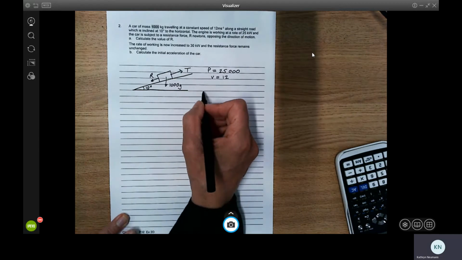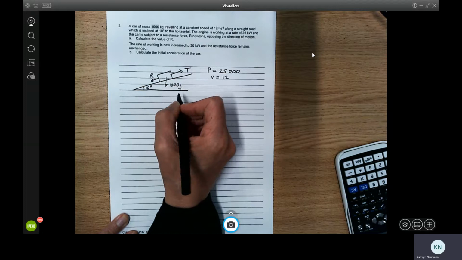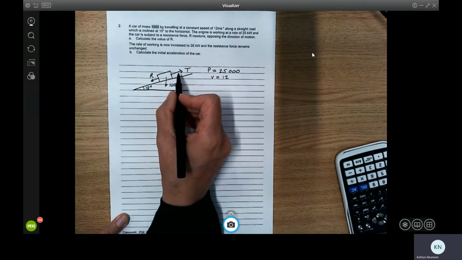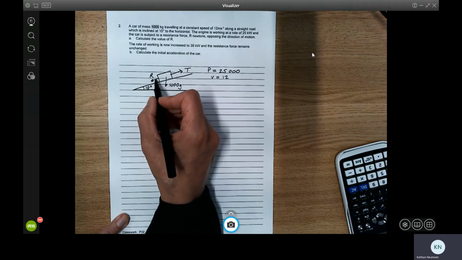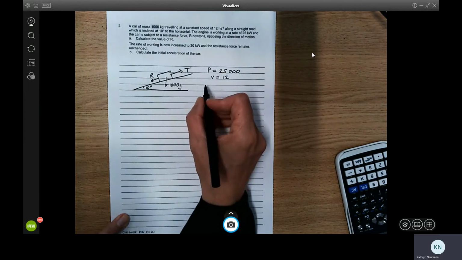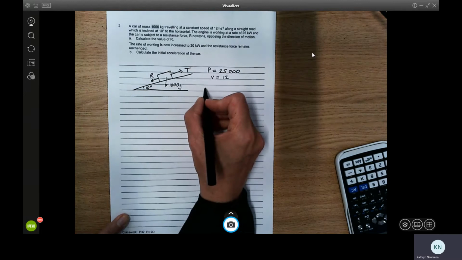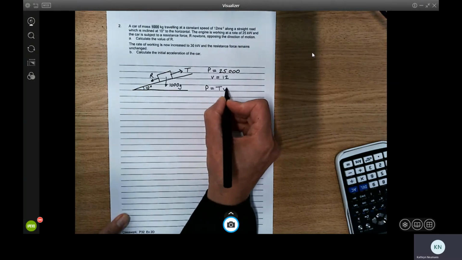So the first step to take in this question, draw a large diagram, mark on all the forces. We've got a forwards force, and I'm going to call that T, and we're trying to find the value of R. So first of all, we're going to use the fact that power is forwards force times velocity. So power is, in this example, TV.